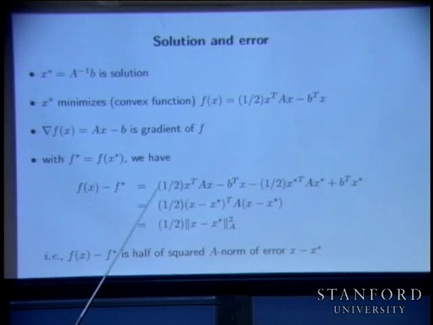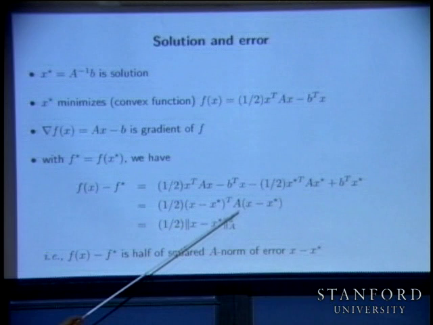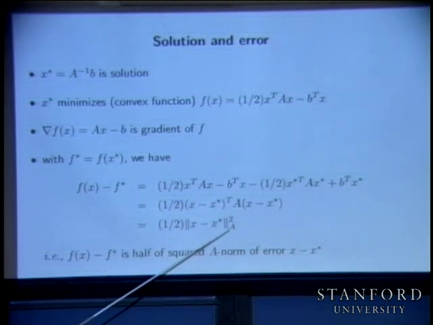You can rewrite that this way. It's actually the square of x minus x star in, and this subscript symbol means the A norm, which requires that A is positive definite. This is sort of the distance in that metric. So f minus f star is half the squared A norm of the error.